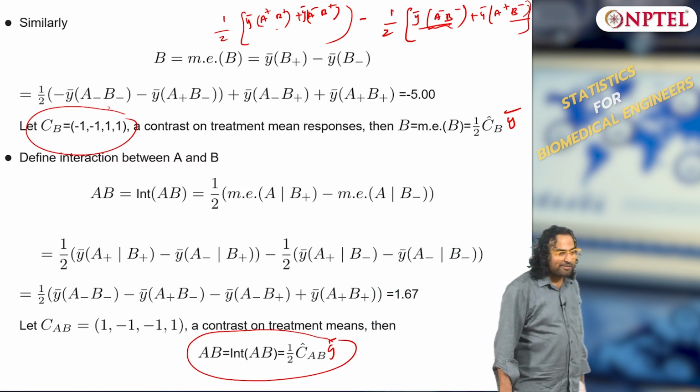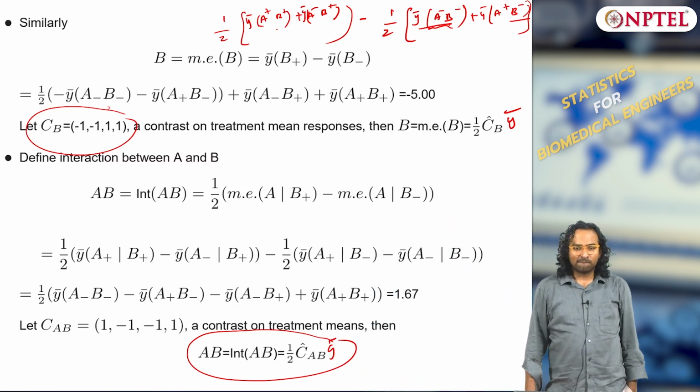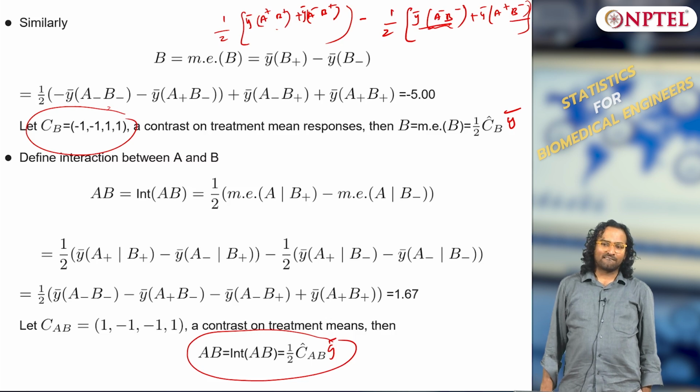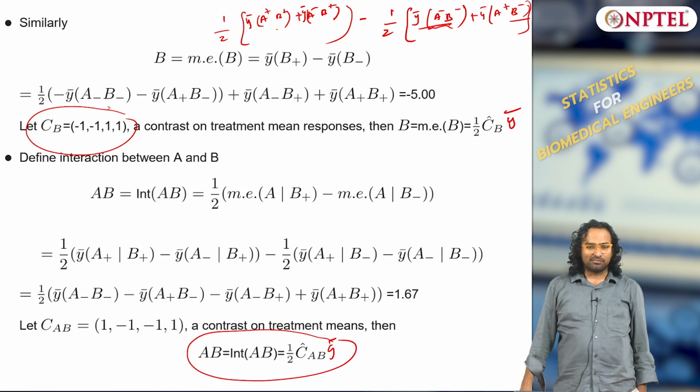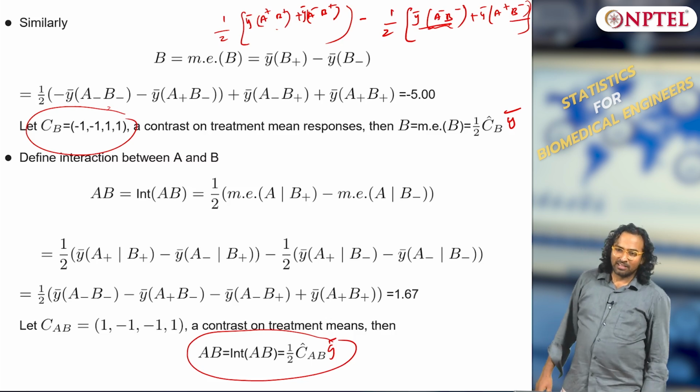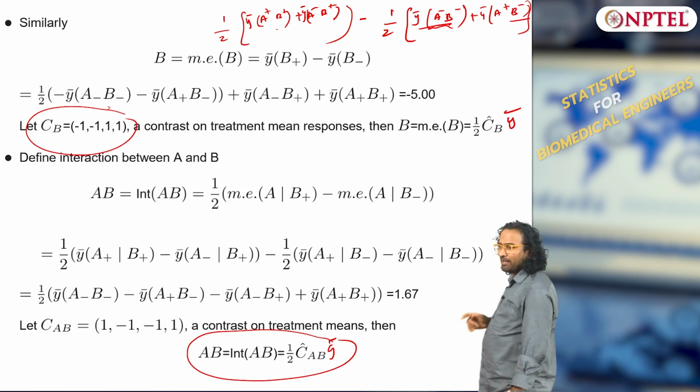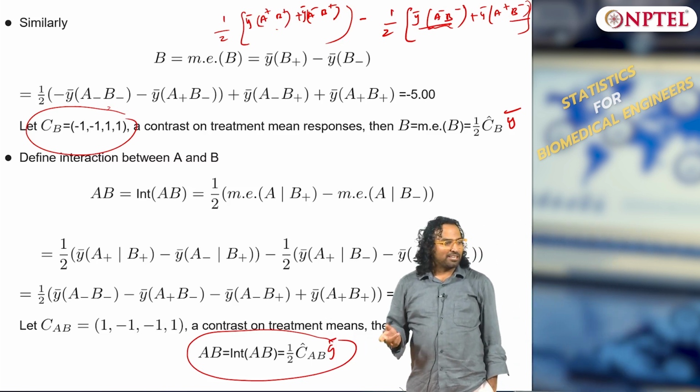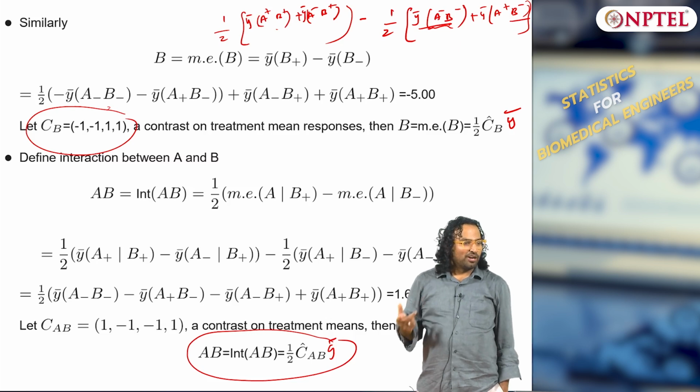What is the interaction between A and B? How did I come up with this equation? If I write the interaction using A plus B plus and A minus B minus, that is only using 2 data points, only 2 values.